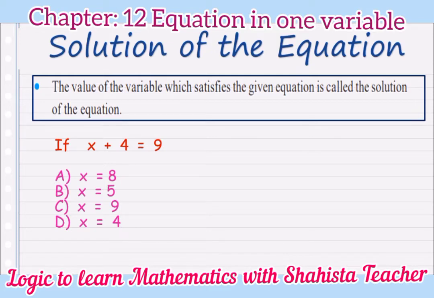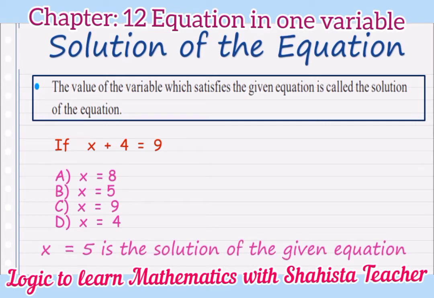Only condition B is the correct one, because x is equal to 5 satisfies the condition. Is that clear, my dear students? So simple and easy to understand. So here the correct answer is x is equal to 5 is the solution of the given equation.